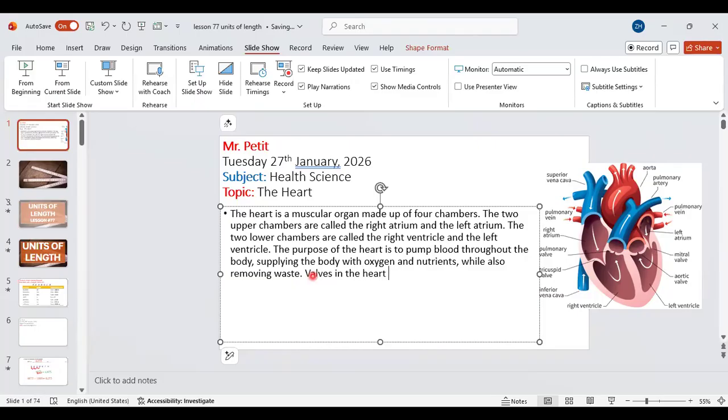What do they do? They ensure that the blood doesn't flow backwards, preventing the backward flow of blood. Very good. They ensure that the blood flows in one direction only.